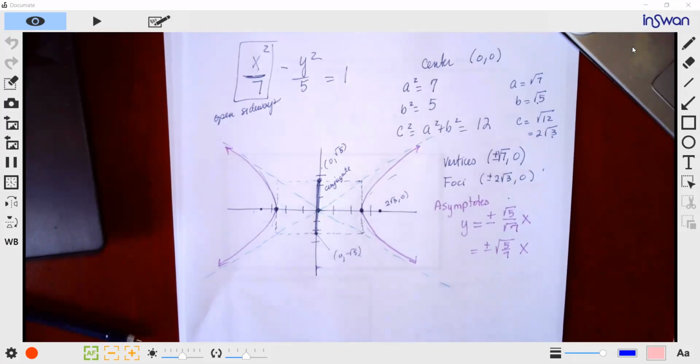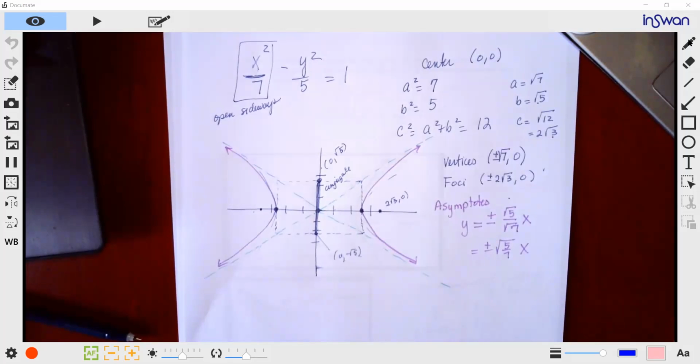Those can often be modeled by hyperbolic graphs. With ellipses, orbits of planets may be represented by an elliptical model. So there are lots of places we're going to be able to use them, but at this point we're really just trying to get down what those definitions are.